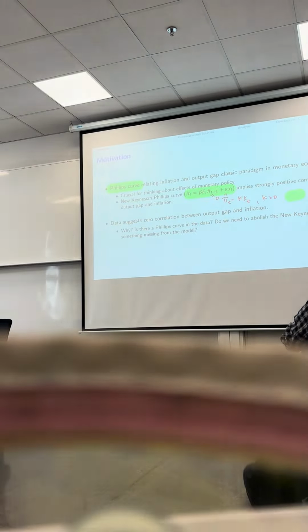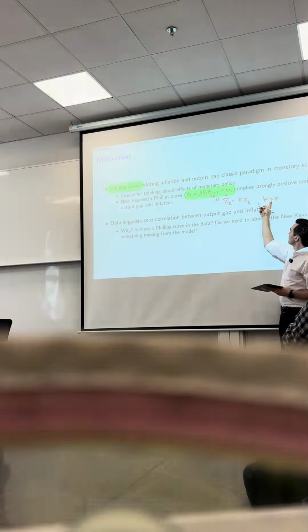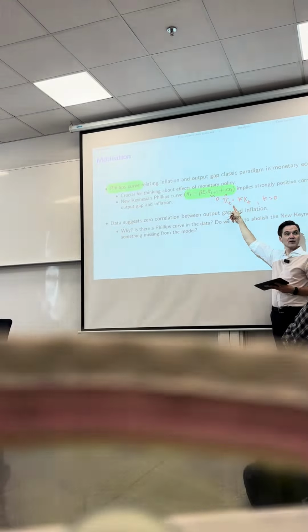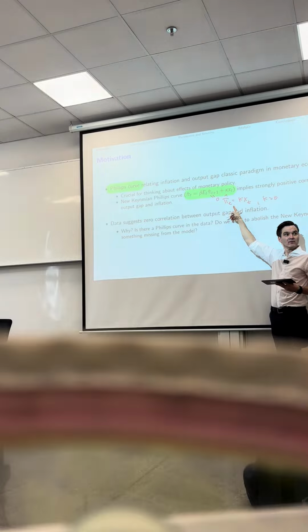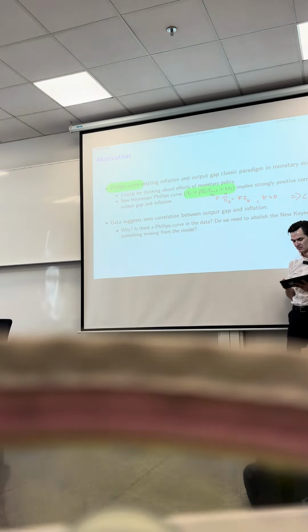If you now simulate this model, with kappa being a positive parameter, you're going to find that the correlation between the output gap and inflation is 1. So let's just write this down: the correlation between inflation and output is exactly equal to 1 in this case.